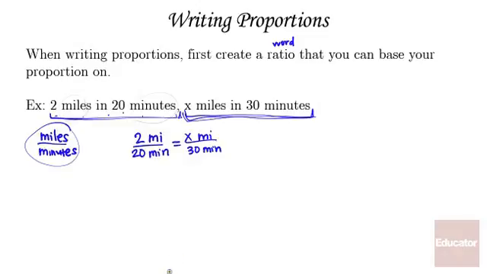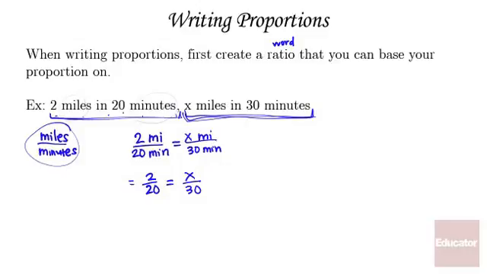Then from here, I need to solve this, right? I can cross multiply. If I can solve it in my head, then I want to do that instead, so I don't have to do all the work. So 2 over 20 is going to equal x over 30. I just rewrote the proportion without all of the units so you can see it a little bit easier. Here I can create an equivalent ratio.